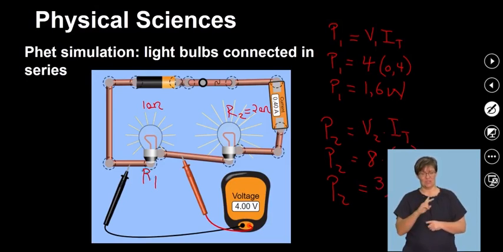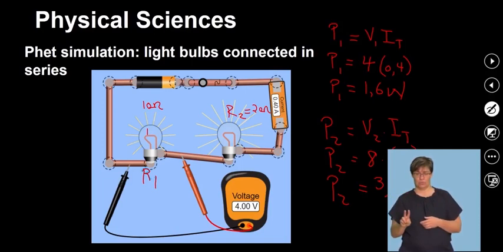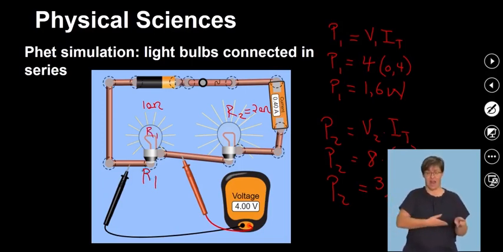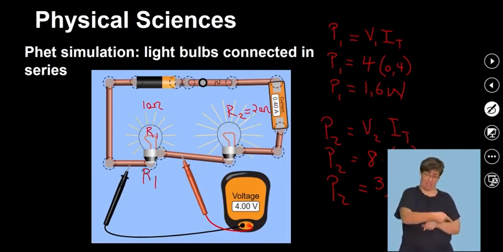So the power dissipated by a bigger resistor is greater if the same current passes through them. What distinguishes the quantities for R1 and R2 is that R1 is half the resistance of R2, while R2 is double the resistance of R1.